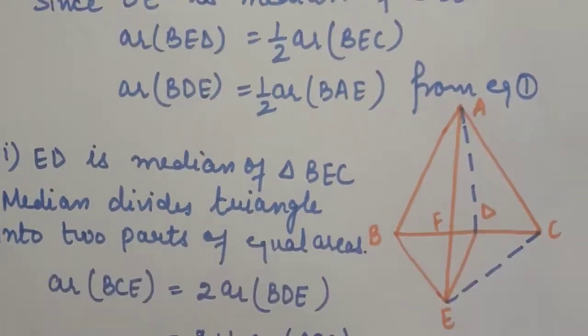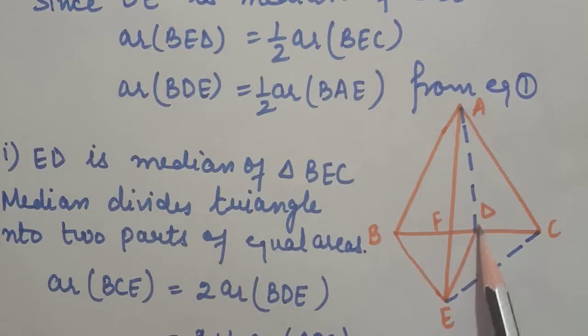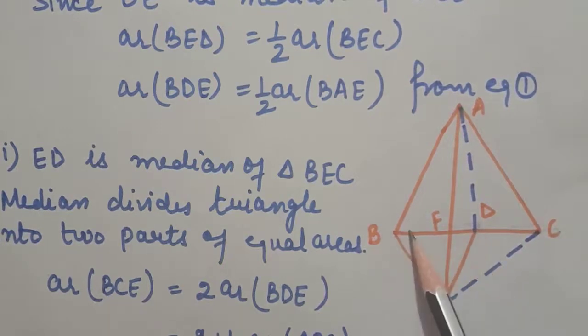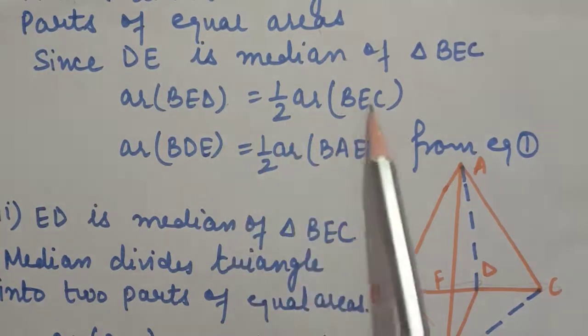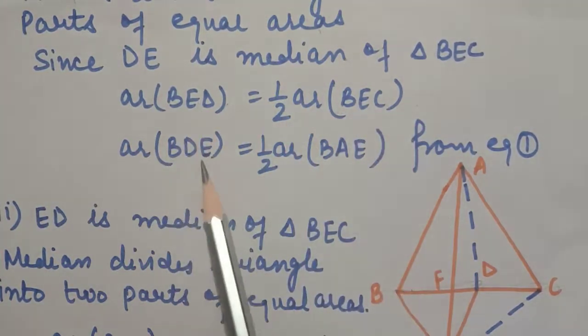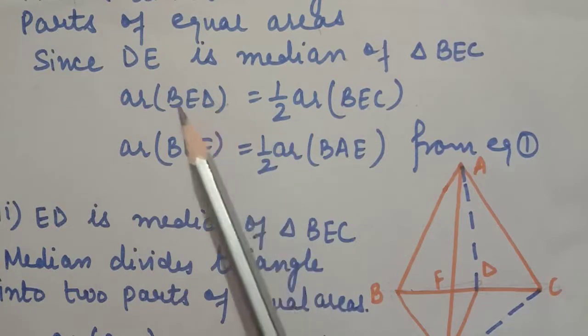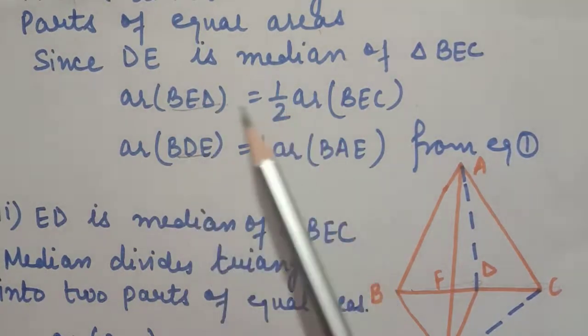So definitely the area of triangle BDE and the area of triangle DEC are equal to each other, and triangle BDE is equal to half of the area of the complete triangle BEC. So the area of BED is half of the area of BEC. We can write the area of BDE like this and like this only.